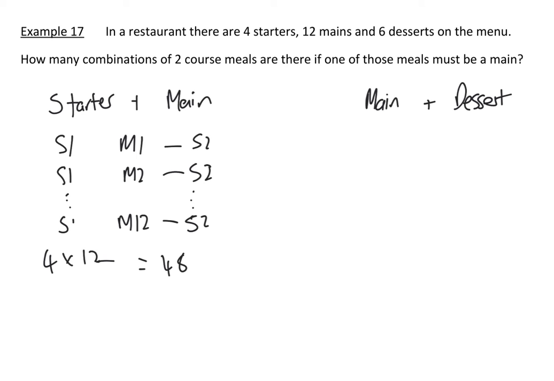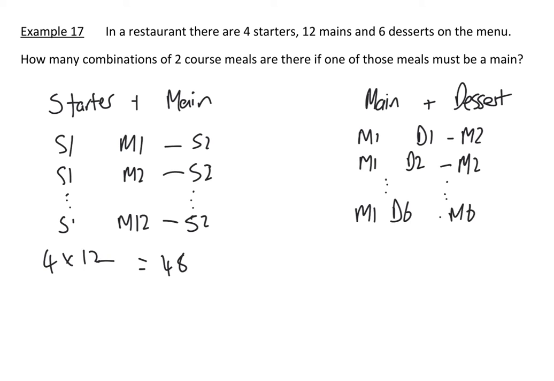For our mains and dessert, we can have main 1 and dessert 1, and main 1 and dessert 2, and all the way down to main 1 and dessert 6. Or we could have main 2 and dessert 1, and main 2 and dessert 2, all the way to main 12 and dessert 6. So what we've got are 6 combinations for main 1, 6 with main 2, and we've got 12 different mains.